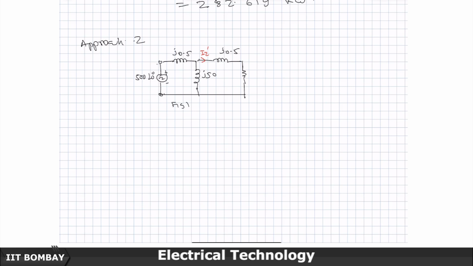So, this is 2 ohms. Now what I have to do is take 50 in parallel with 2 plus j 0.5, and then that should come in series with j 0.5, and this value is the Z net.